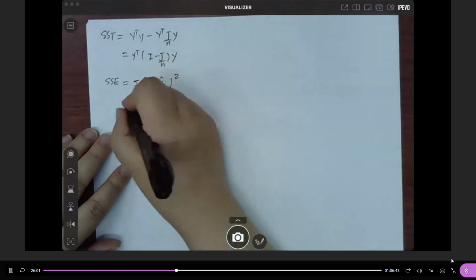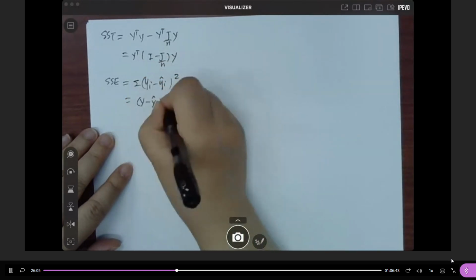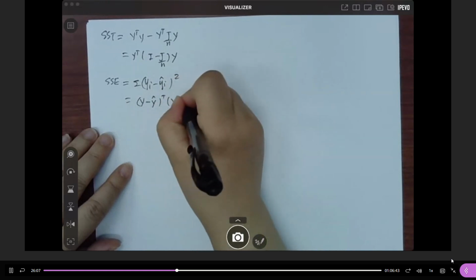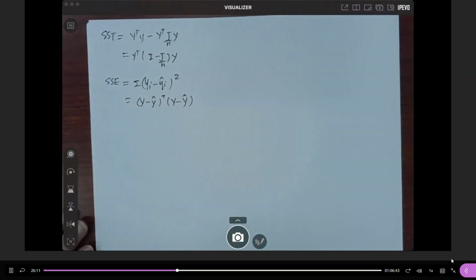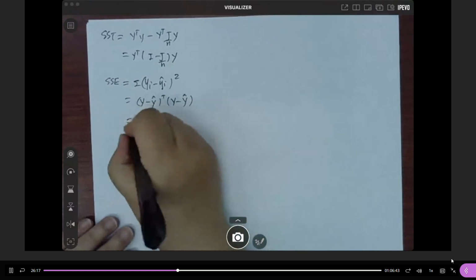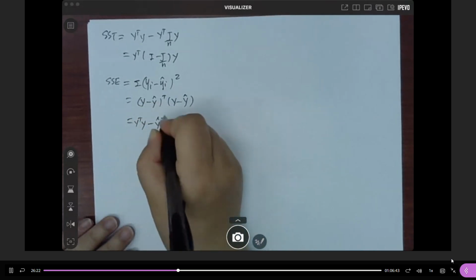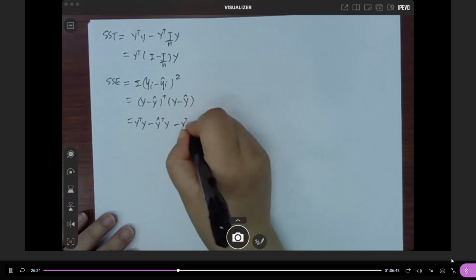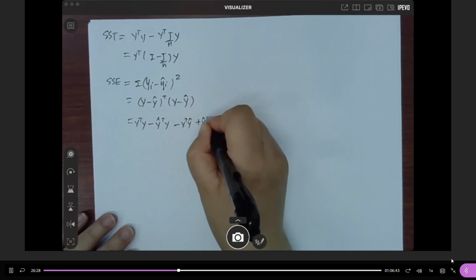And written in the matrix form, this will be y minus y hat transpose, y minus y hat. Right? Now you get y transpose y, minus y hat transpose y, minus y transpose y hat, plus y hat transpose y hat.